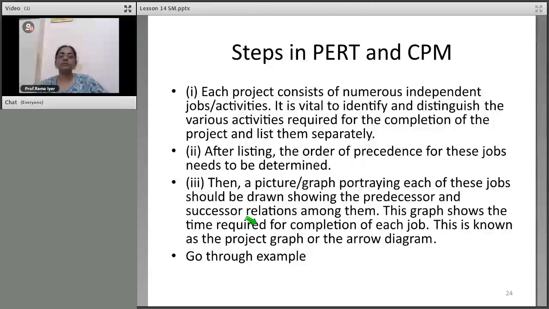First you have to identify what all you have to do. And then you have to figure out what the activities are and then list them one after the other. After listing, what is the next thing? What is the first job? What is the second job?